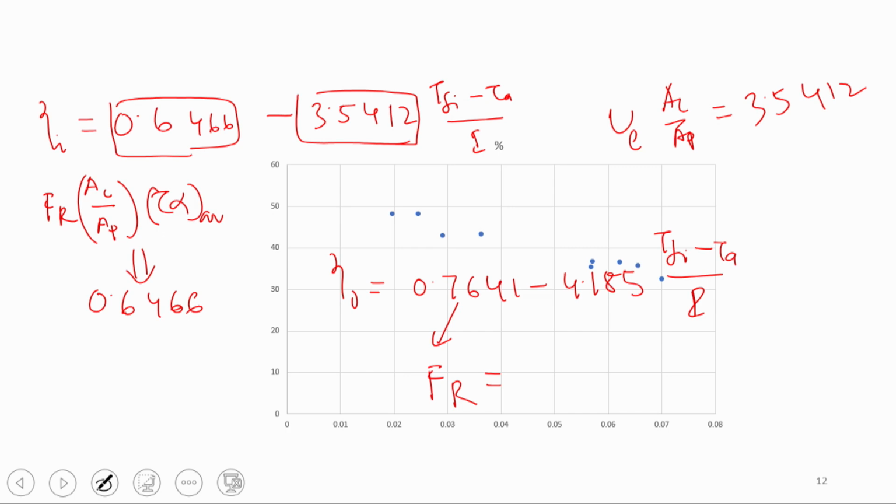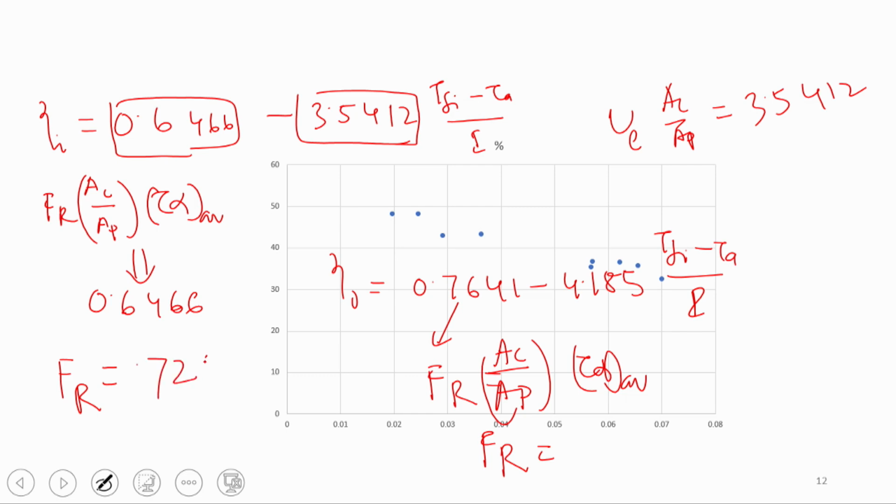Because this is nothing but F_R multiplied by A_C by A_P, then you have tau alpha average. Previous F_R 0.7281, current 0.86.